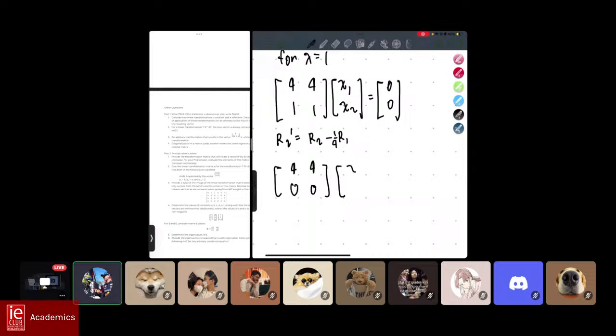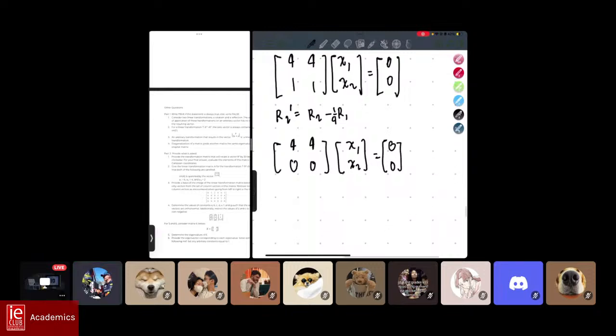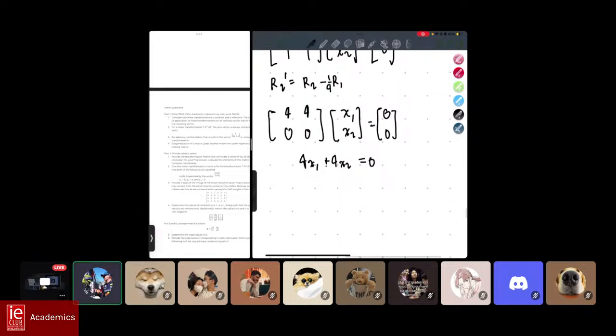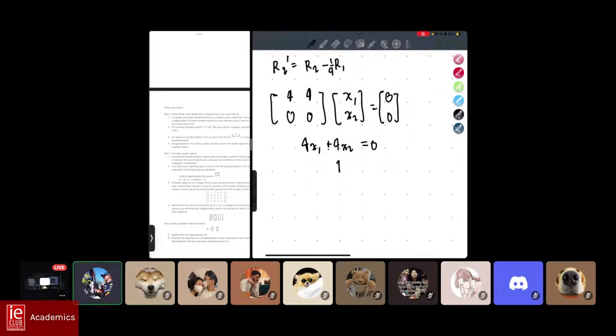And then that's what we can plug back into here. So yeah, technically walang nangyari, pero in some items may nangyari. So that leaves us with 4x1 plus 4x2 equals 0. And therefore, 4x1 is equal to negative 4x2. It gives us the relationship x1 equals negative x2.